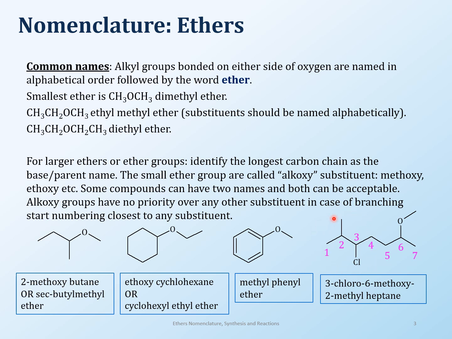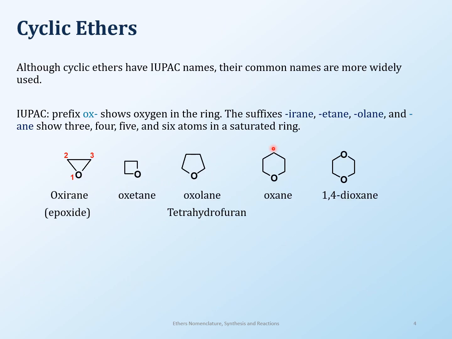If there was more branching on the right hand side, you would do that. So here 1, 2, 3, 4. It is just normal. If you had any alkyl group here, it would be the same thing, right? So here again, take it alphabetical. So 3-chloro, and then 6-methoxy, and then the methyl, 2-methylheptane. Okay, so keep it simple.